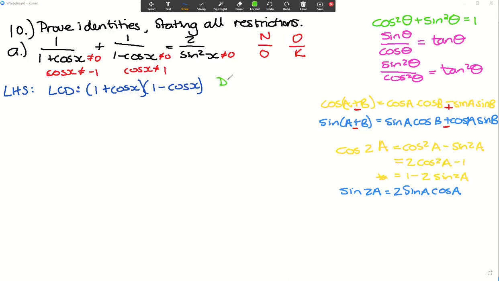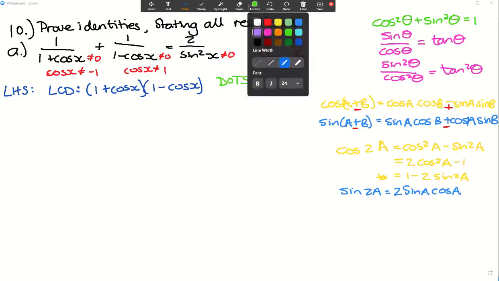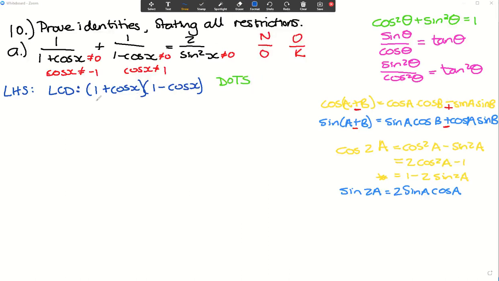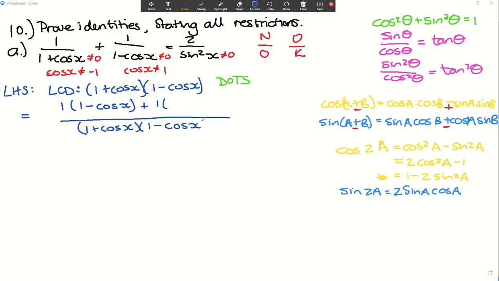The only thing that's different in each bracket is a negative and a positive sign, so it's a difference of 2 squares. So that's our LCD, and to simply put, we're just going to multiply the top 1 with what's missing at the bottom. If I've got a 1 plus cos here, I'm missing a 1 minus cos x for that term. And I'm going to add it to 1 times, and everything is on my lowest common denominator, 1 plus cos x, close bracket, open bracket, 1 minus cos x.